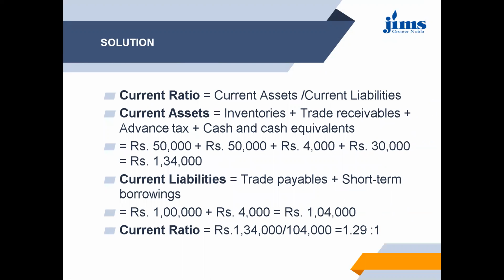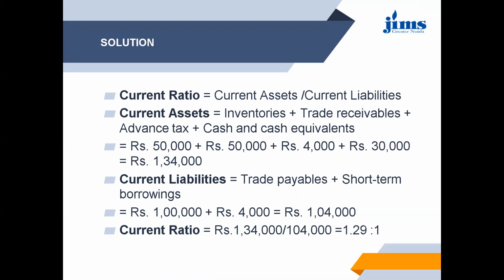So the formula for current ratio is current assets divided by current liabilities. So from the question, first we have to identify what are the current assets, and out of the information, which are the current liabilities. So current assets given in the question are inventories, trade receivables, advance tax, and cash equivalents.